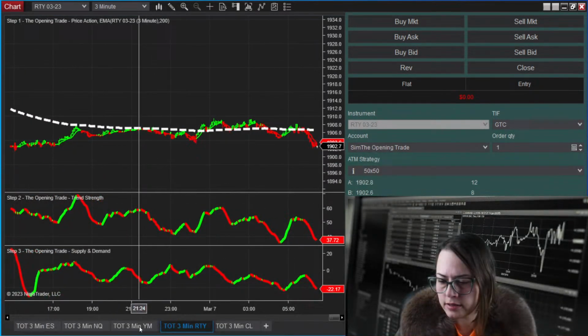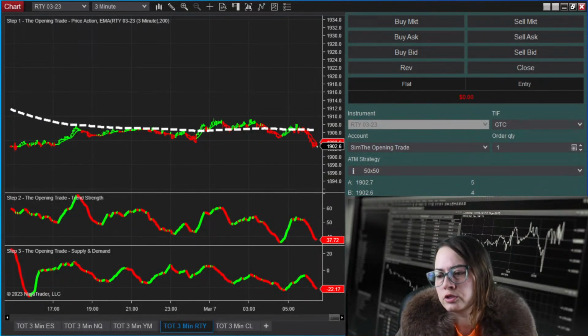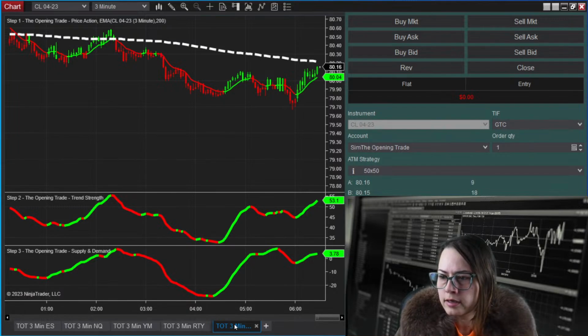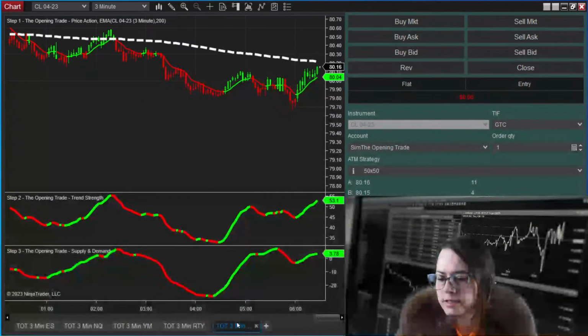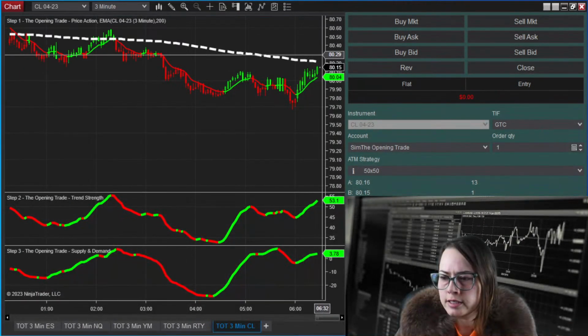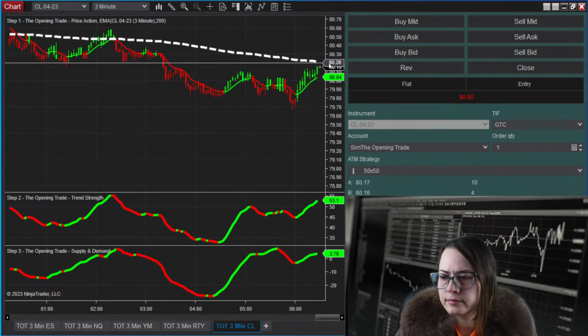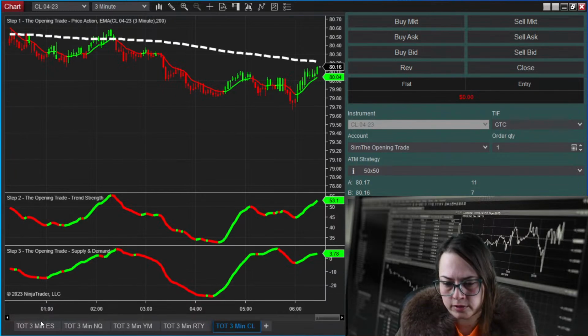Here is the Russell 2000 futures, and it is dipping below the 200 period EMA currently as well. And we are seeing here on crude oil, it is very close to the 200 period EMA. It's quite close to that. Might even be hitting it when the candle closes.